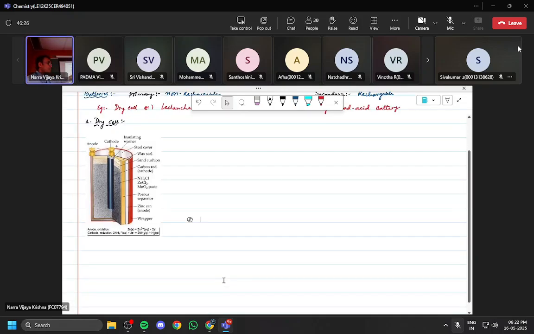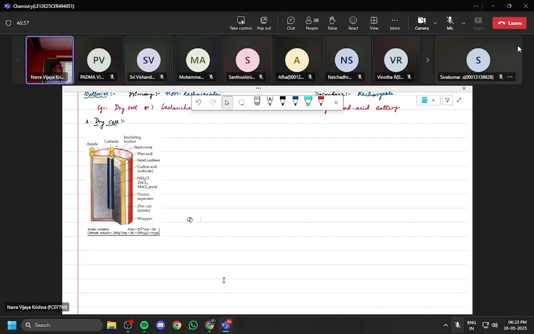This is a battery. If you have ever cut and opened it, you will find some gel type material inside. At the center, you will find a graphite rod, and the container is made up of zinc, a very thin zinc container. Inside, they take some gel type material of manganese oxide, and at the center there is the graphite rod, which acts as cathode.